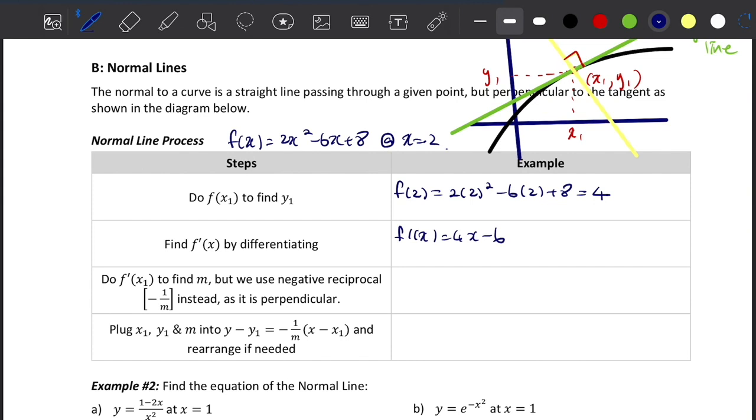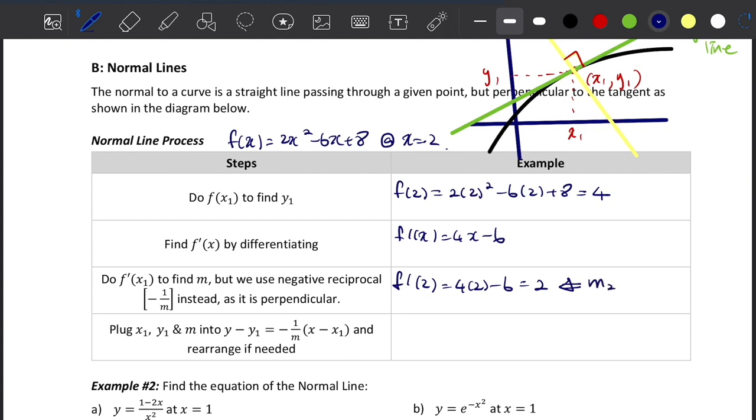However, when you're finding the slope of the normal line, since we know that the normal line is perpendicular to the tangent, we still have to find the slope of the tangent line. Call it m2.